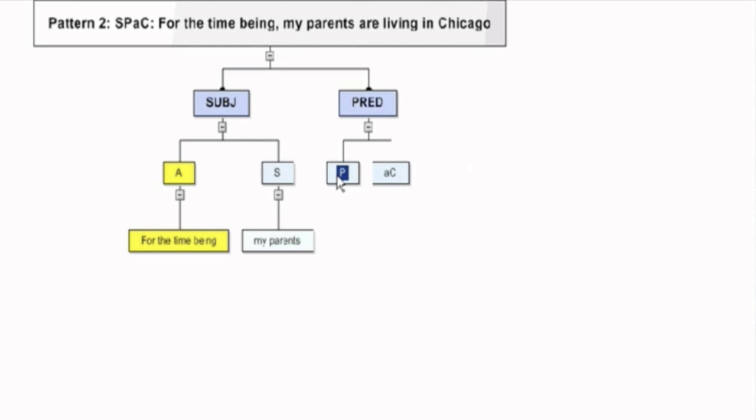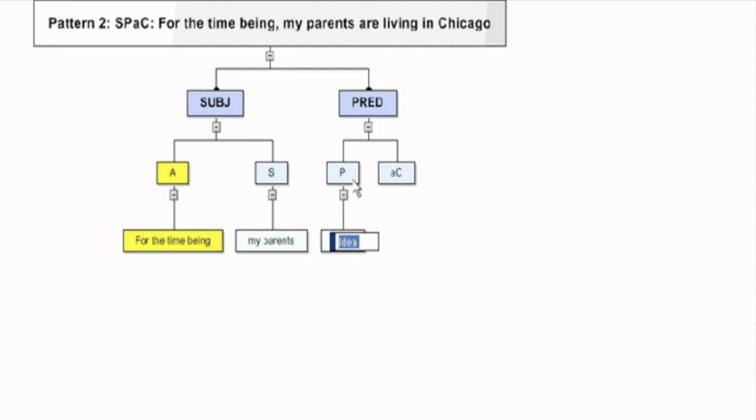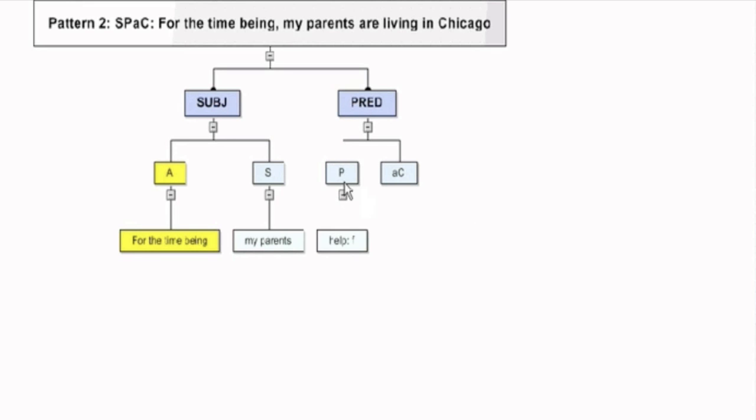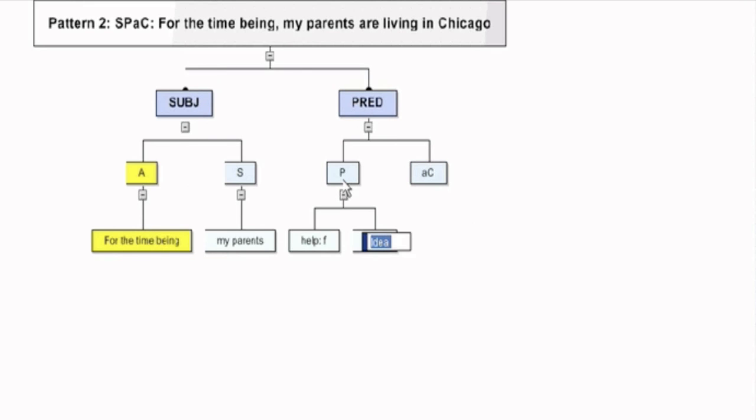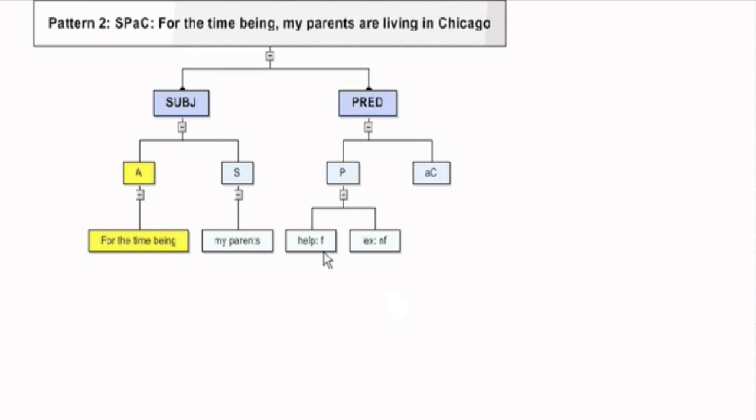And in the predicator there are 2 words: the first one is a help verb, and it's finite, and the second one is the lexical verb, and it's non-finite.